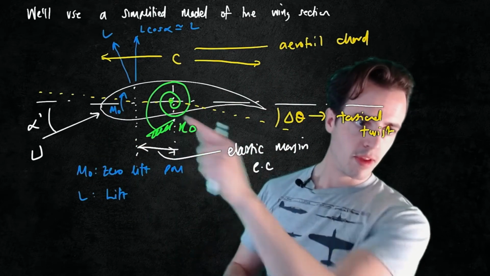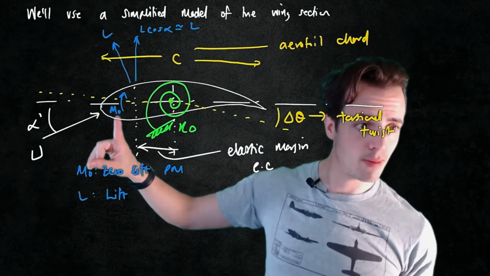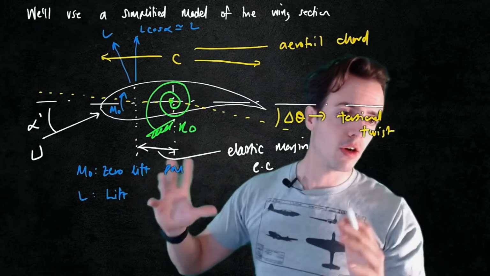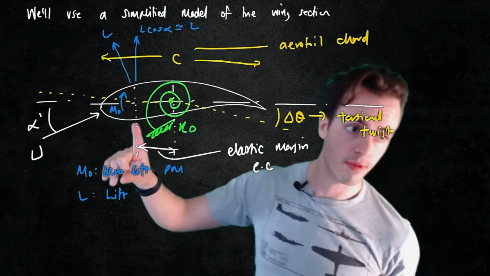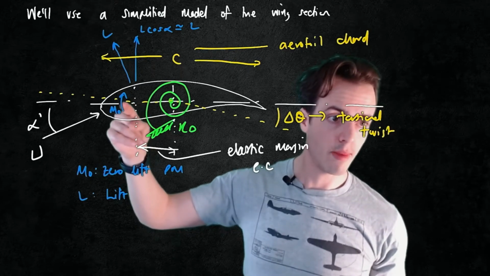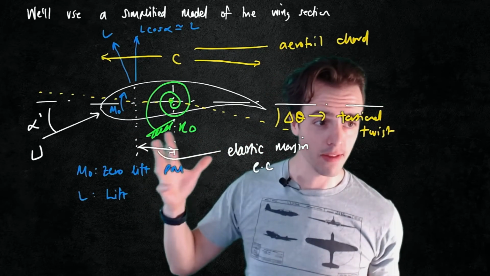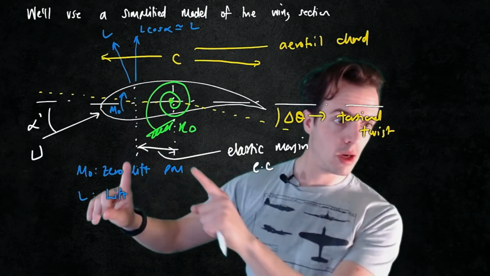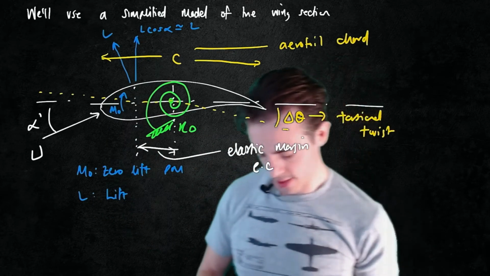So collecting moments at this point here, we've got two. We've got the lift independent pitching moment, m0, that's the moment that we've got at the aerodynamic center, and it's then independent of the lift. We've then got the lift dependent pitching moment, which is going to be equal to the lift multiplied by the elastic margin.